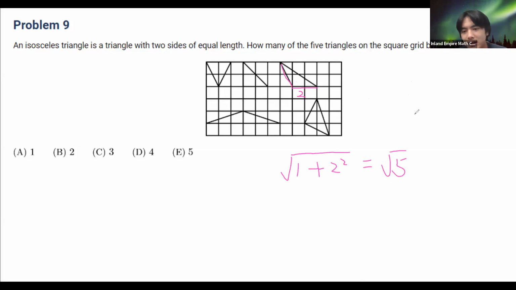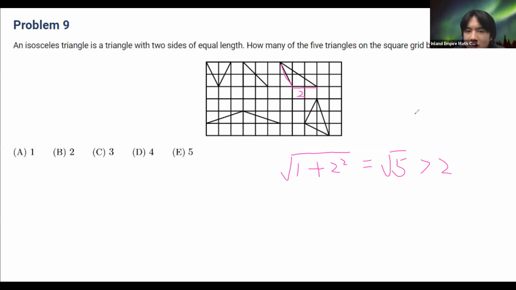So the distance is actually the square root of 5, which is just a little bit more than 2. It's slightly greater than 2, but a lot less than 3. So in this case, they look really similar, but numerically, it's actually not the same. So you have to be careful of that, right?